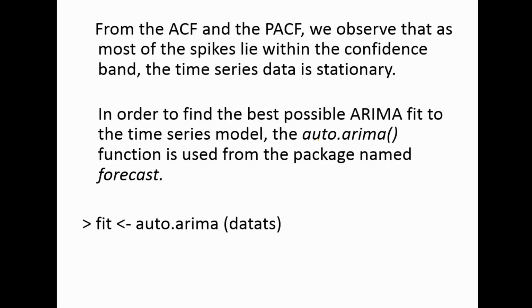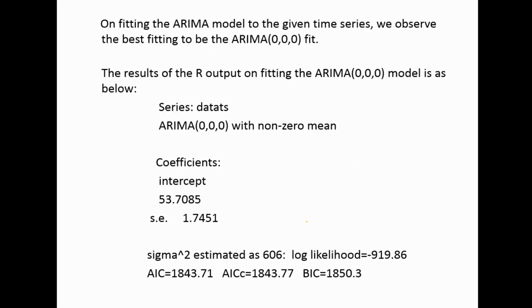You need to install the package forecast in R and use the function auto.arima on your series, and it will provide you the best fit. When you do that, our data set says that ARIMA(0,0,0) is the best fit, right? So it internally computes everything. We do not need to do anything.